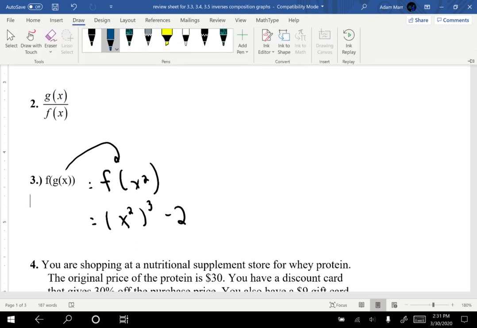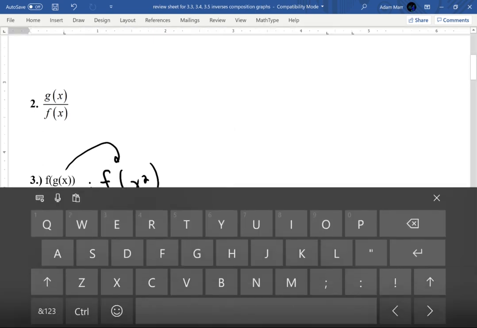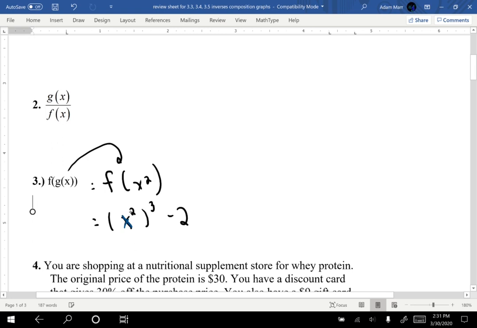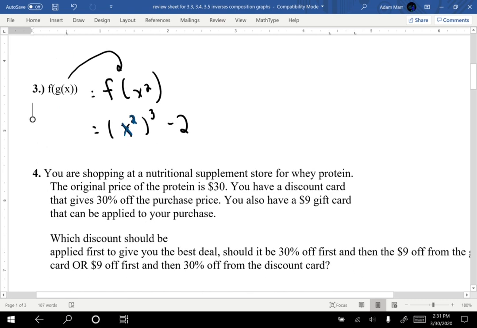This is the f function, and this is just x squared. It's x squared cubed minus 2. So 2 times 3 is 6, x to the 6 minus 2. And we got it, okay?